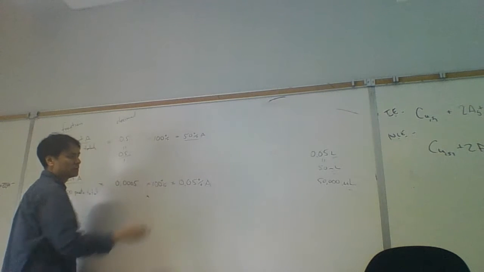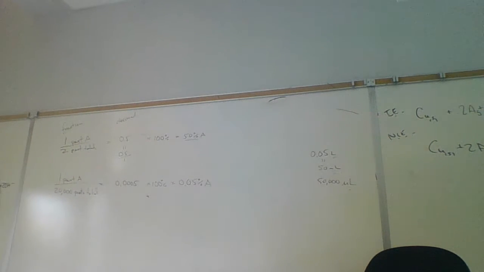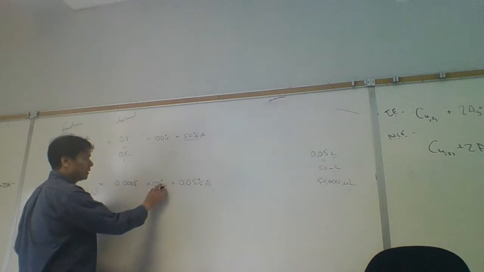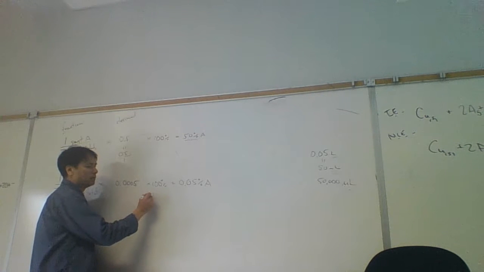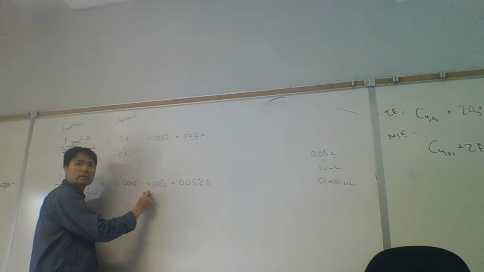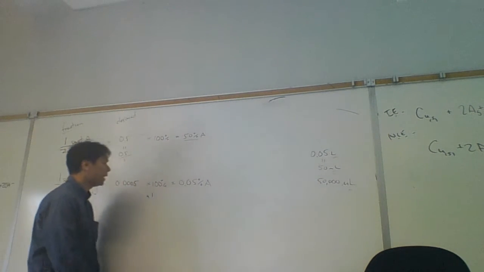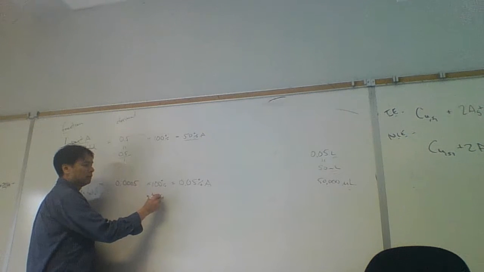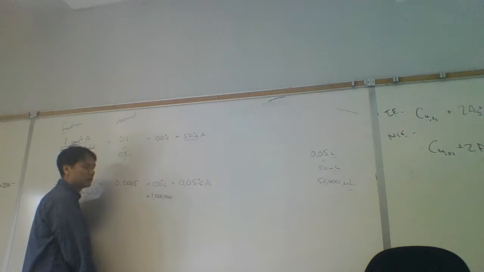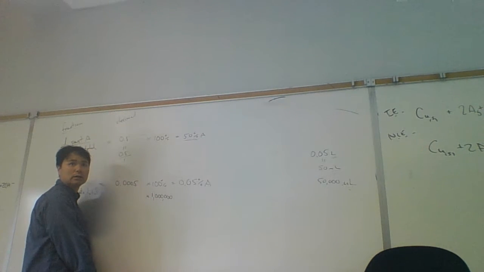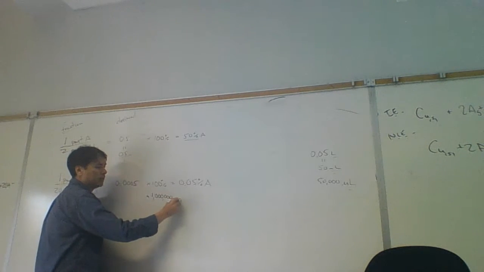For something like 0.05%, yeah, maybe it's okay, maybe it's not. What other units are commonly used? Rather than multiplying by 100%, we might multiply by a million, but we don't call it a percent, we call it parts per million, or ppm.